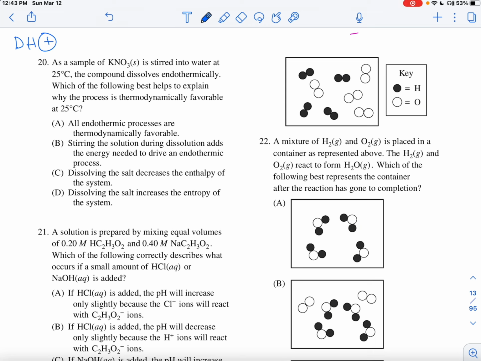So if we're looking for delta G to be negative, because it tells us it is thermodynamically favorable, and we know delta H is positive, then we know delta S has got to be pretty high, right? It's got to be high enough to make delta G negative.